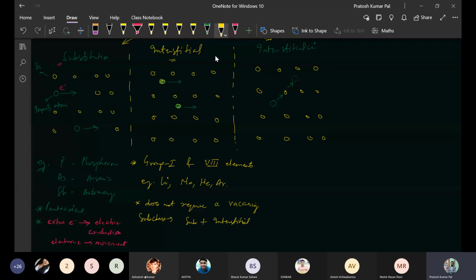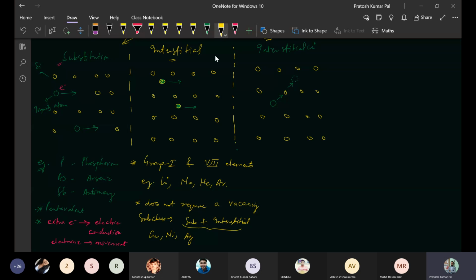This is shown basically by the elements like copper, nickel, gold. So these are the elements that show the combined substitution as well as interstitial type of diffusion.